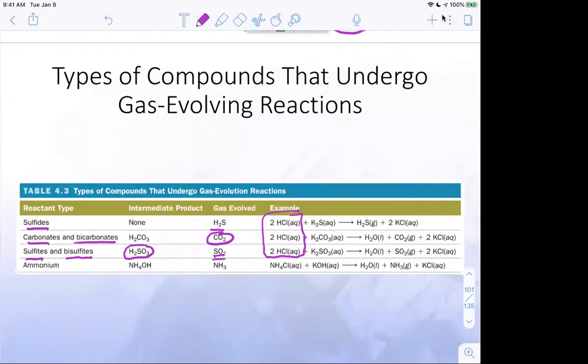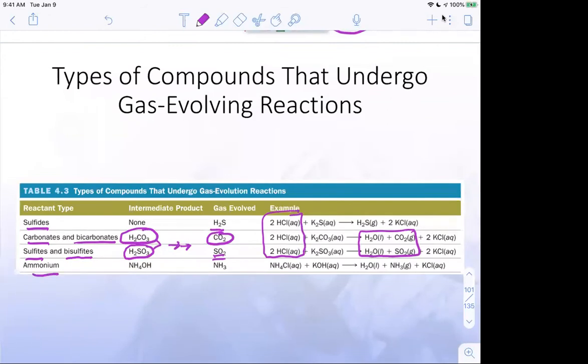So these are very similar because I have this ion exchange which gives me those products, and then they're going to further decompose. I form water and carbon dioxide with carbonates and bicarbonates, and I form water and sulfur dioxide with sulfites and bisulfites.